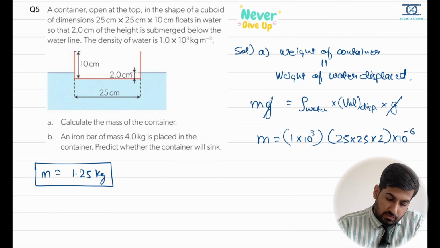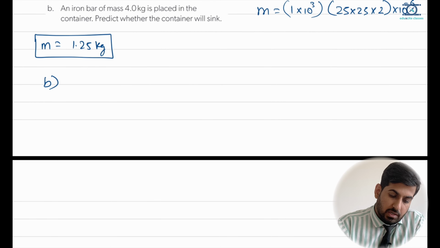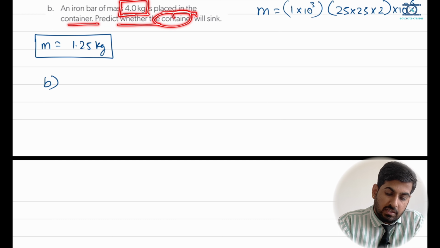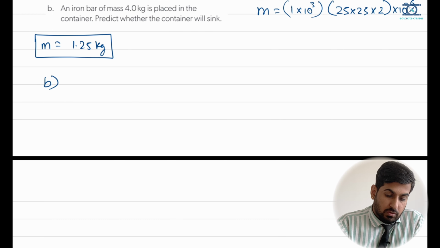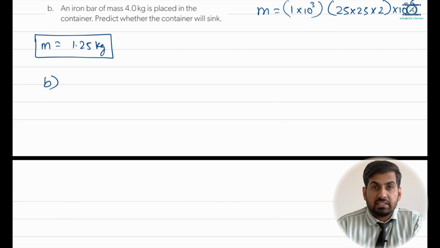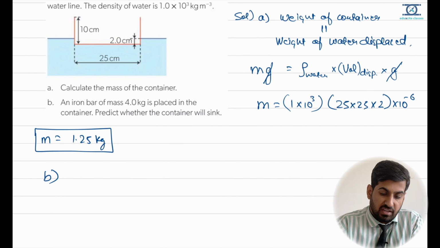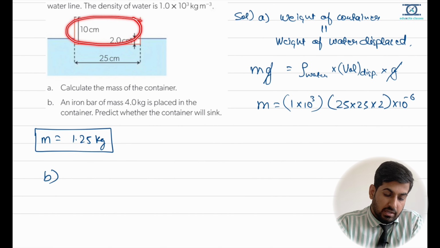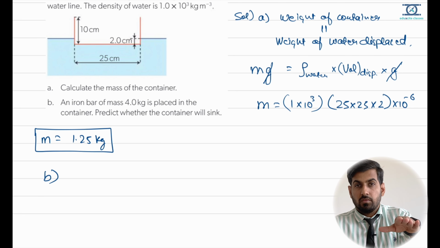Now if you look at part B, it says an iron bar of mass 4 kg is placed in the container. Predict whether the container will sink or not. What we can do is calculate the maximum mass that can be sustained, which is when the whole container is just level with the surface of the liquid.